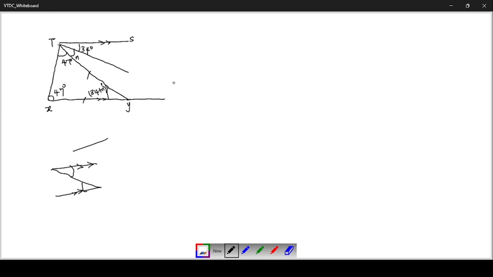So we're going to engage the law of the sum of interior angles of a triangle. The sum of interior angles of a triangle is equal to 180. In other words, 47 plus 47 plus 34 plus n degrees is equal to 180 degrees.